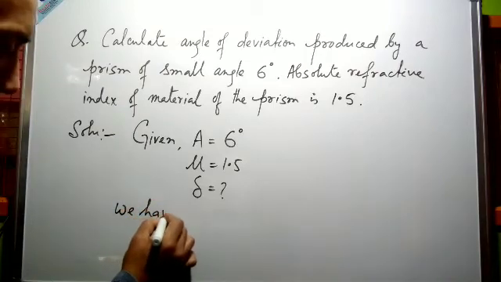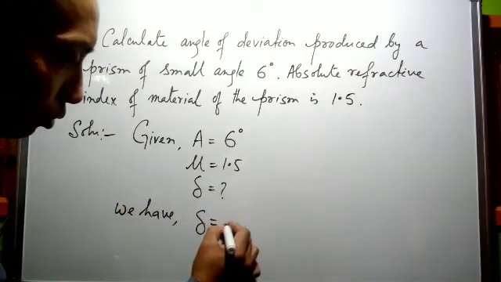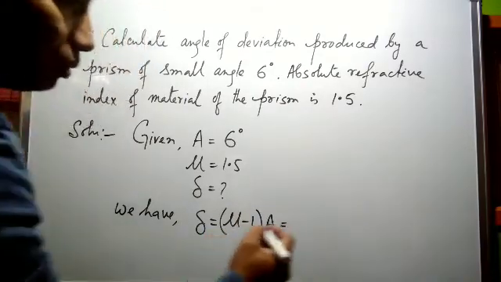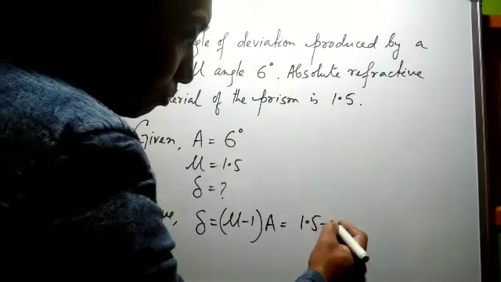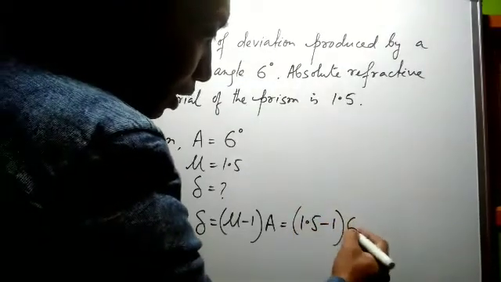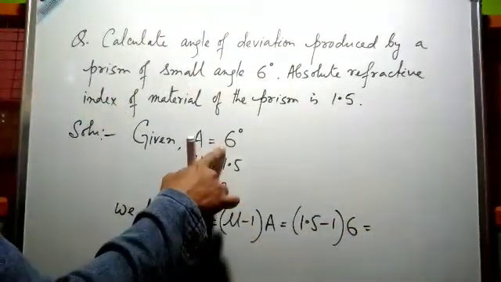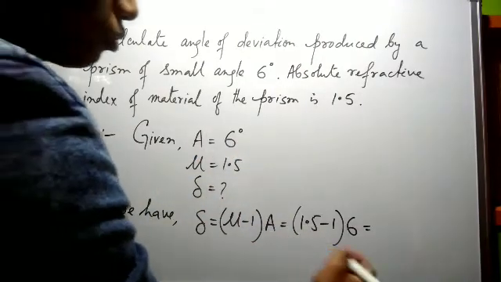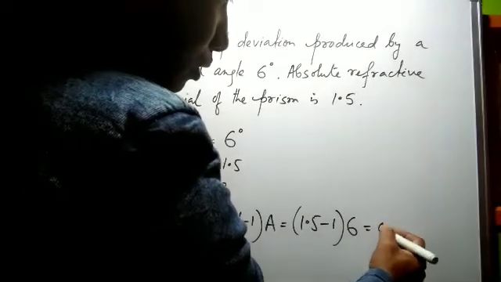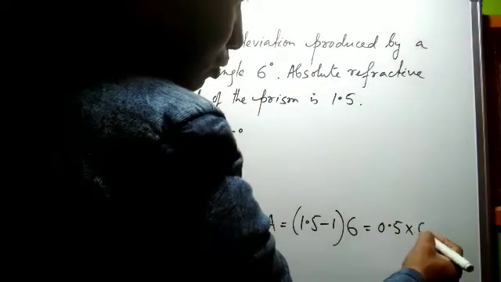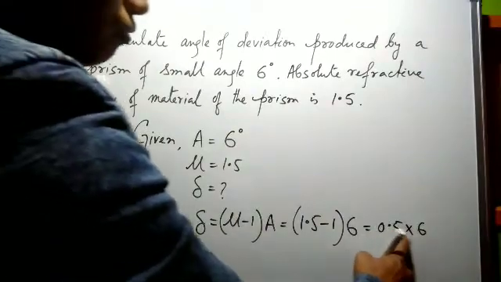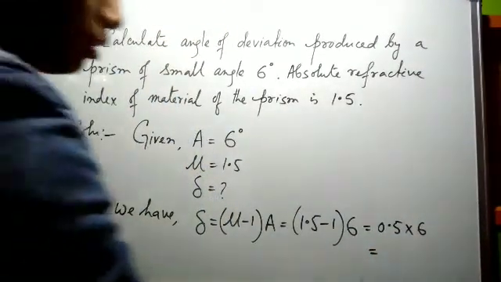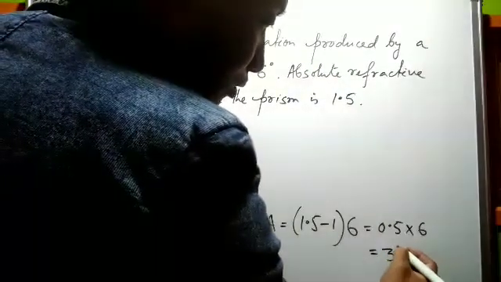We have delta equal to (μ minus 1) A. Here μ is 1.5, so 1.5 minus 1 is 0.5, multiplied by 6, and 0.5 times 6 is 3. So the angle of deviation is 3 degrees.